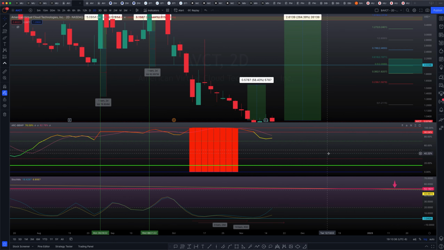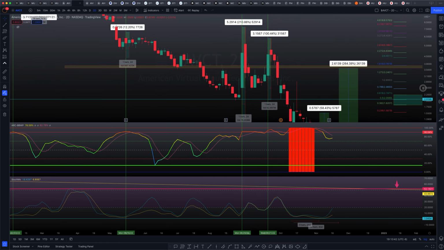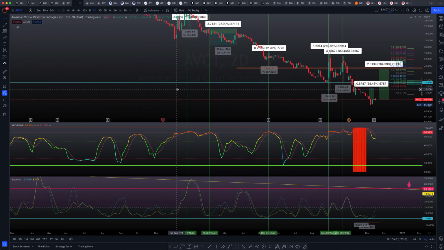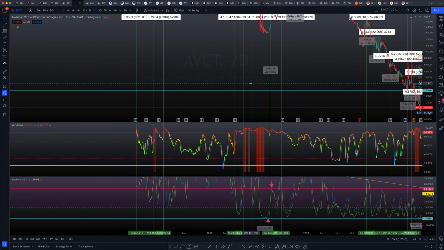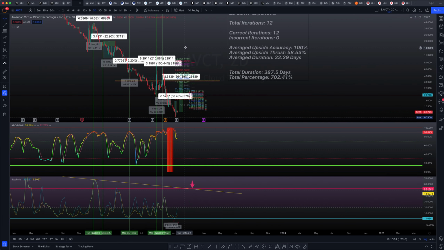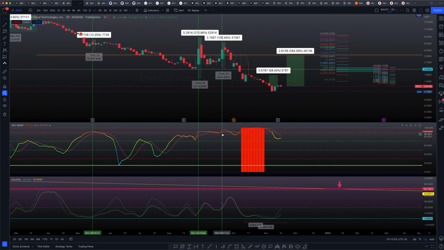My apologies. Okay, and the criteria for the backtest that we performed to gain those statistical metrics is, first of all, a backtest of the entire trading history of AVCT since the beginning. So we actually took note of every single iteration where we have started a contraction phase from fully expanded or critical volatility levels.